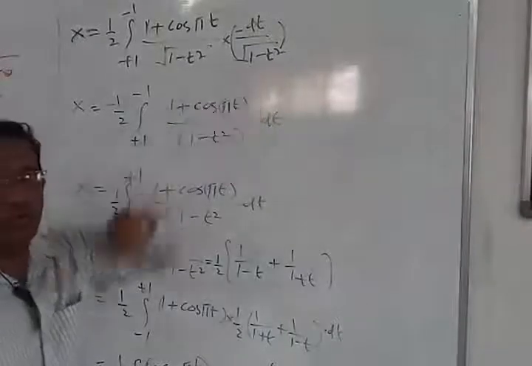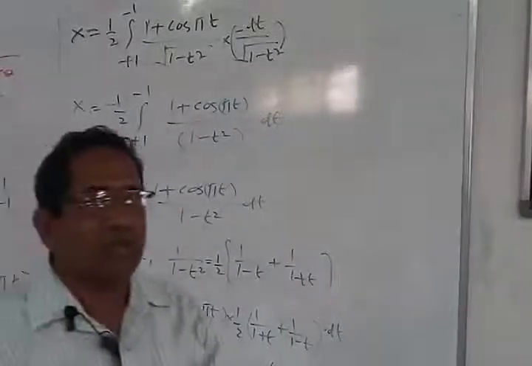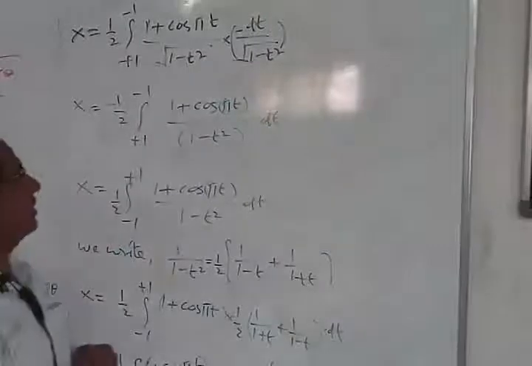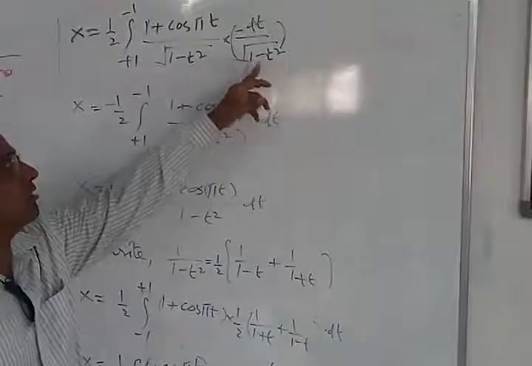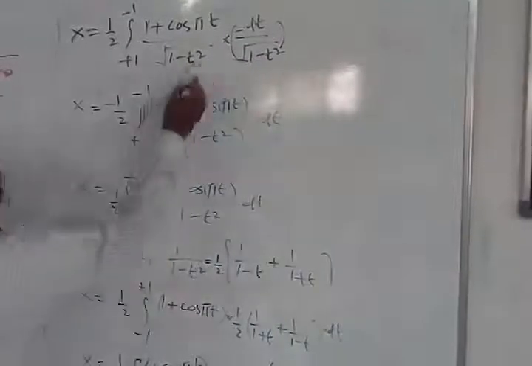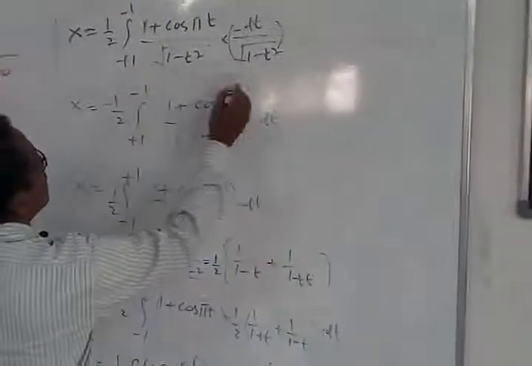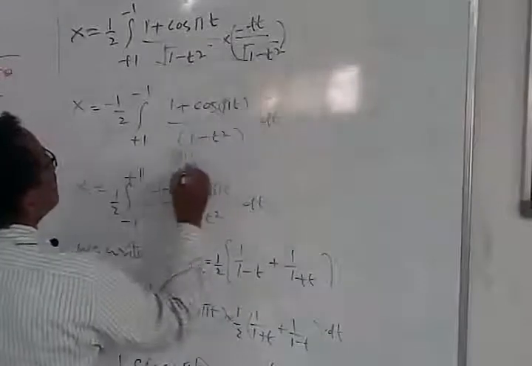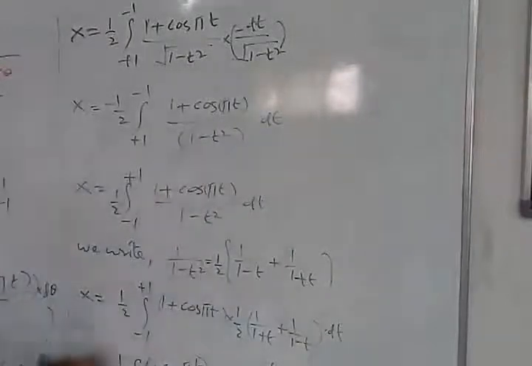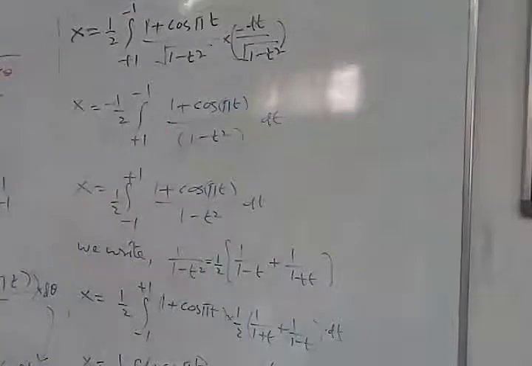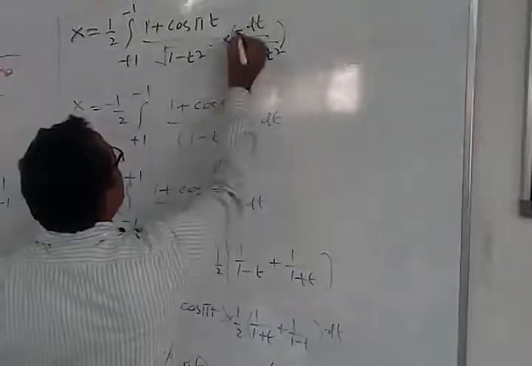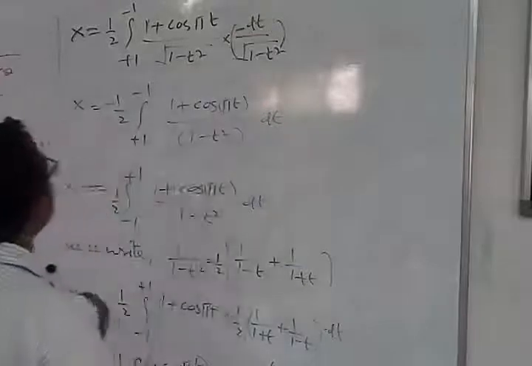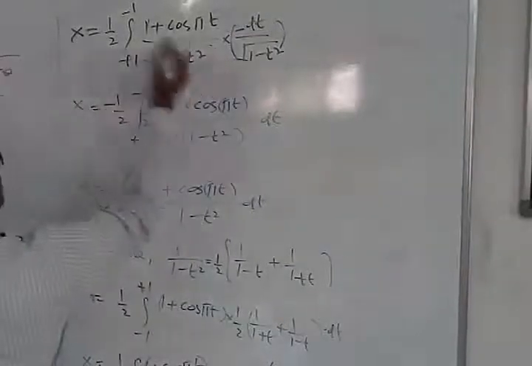Sin theta is equal to under root of 1 minus cos square theta, and cos theta is equal to t. So the root of 1 minus t square times the root of 1 minus t square simply becomes 1 minus t square. Now here I will be having minus dt.